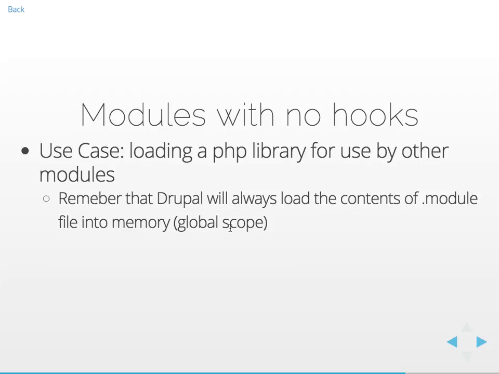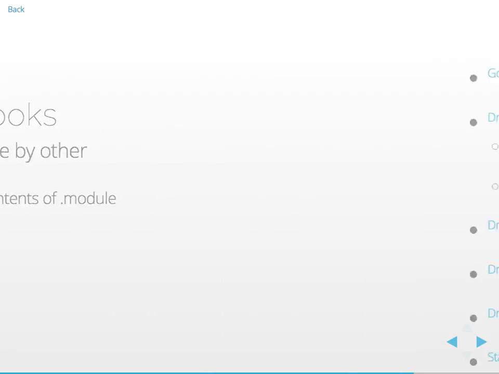The use case I've seen is loading up a PHP library in memory. Because you can enable and disable modules, it's a little cleaner than throwing it into the code base and doing an include somewhere. Remember again that for module files, the contents will be loaded into global scope. So that's one use case.